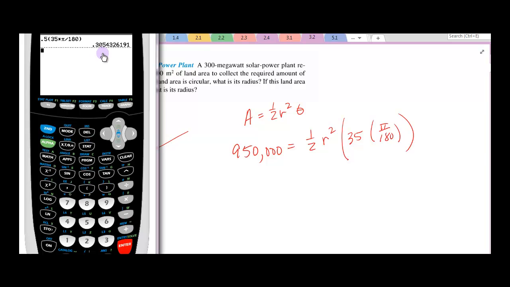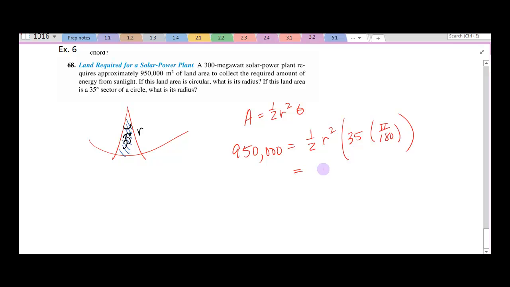And I end up to 4 decimal places with 0.3054. So I'm going to say the right hand side is 0.3054 radius squared.